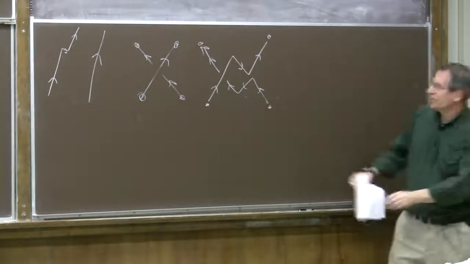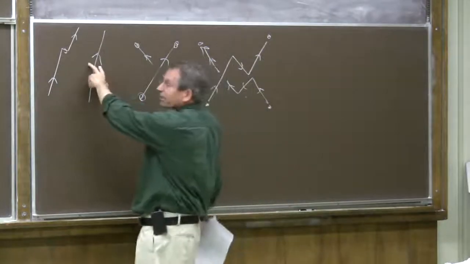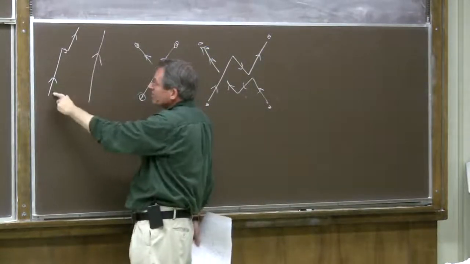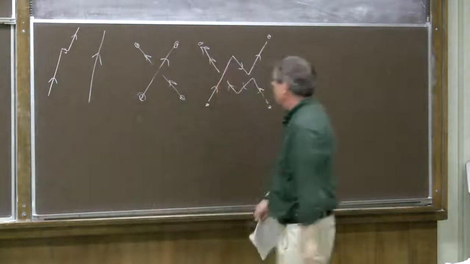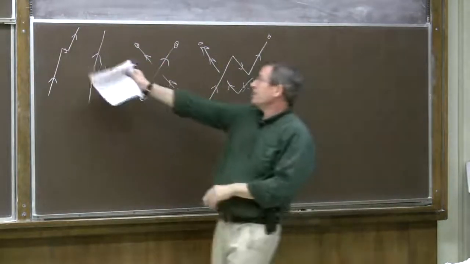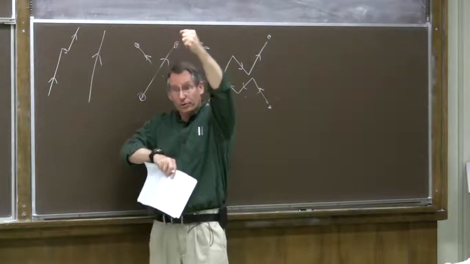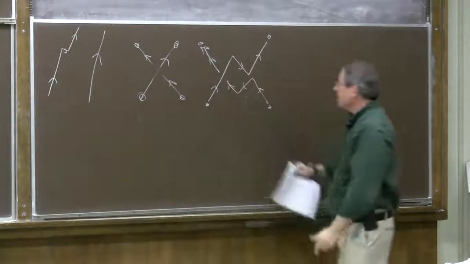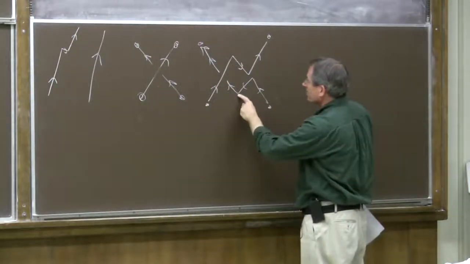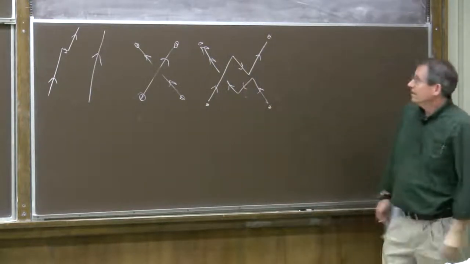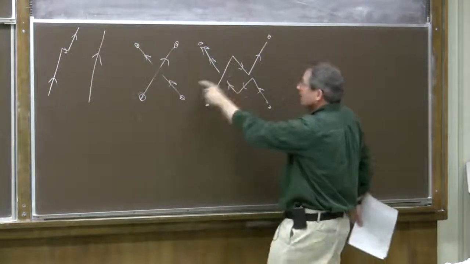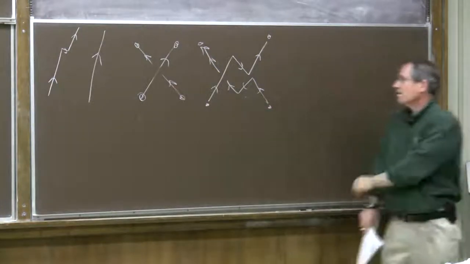Okay, which I was able to do by deforming a particle going forward in time to this process in which there was a pair creation followed shortly after by a pair annihilation. But then I can let the pair creation and annihilation get further and further apart from one another and get a process like this in which a pair was created here, annihilated here, created here, and annihilated there. And you can see how I could smoothly bend the lines to change this process to this one.